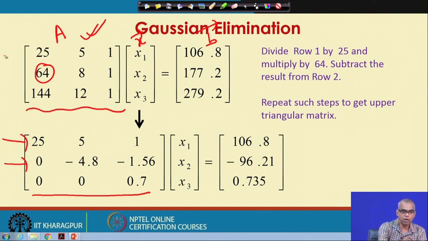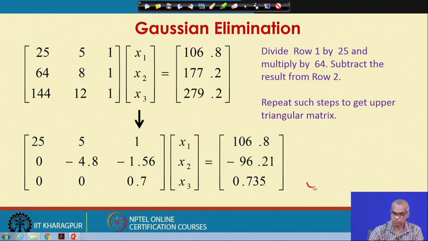You divide row 1 by 25. So, this becomes 1, multiply that by 64. So, it becomes 64 and subtract the result from row 2. So, this becomes 0. So, that way you convert this element also to 0 by performing row operations. So, finally, you get this.